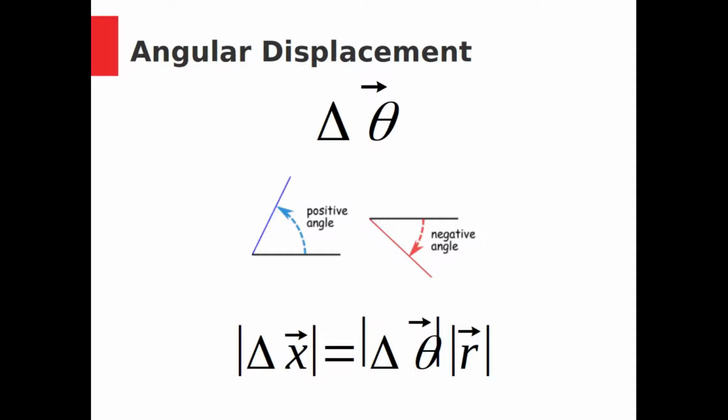R stands for the distance from the center of the turntable to the sticker, and theta is angular displacement. Multiply these two together and you get the linear distance through which the sticker traveled. Note that for this calculation to work, the angle must be given in radians. This calculation does not work in degrees.